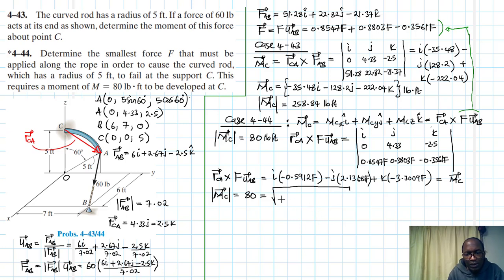So this gives us minus 0.5912F squared plus minus 2.1368F squared plus minus 3.7009F squared.